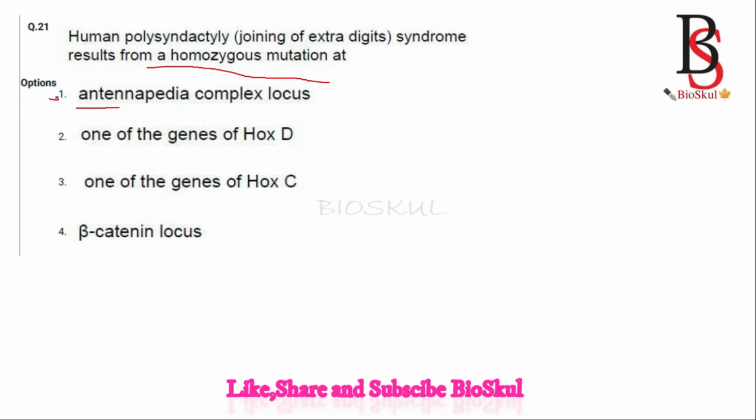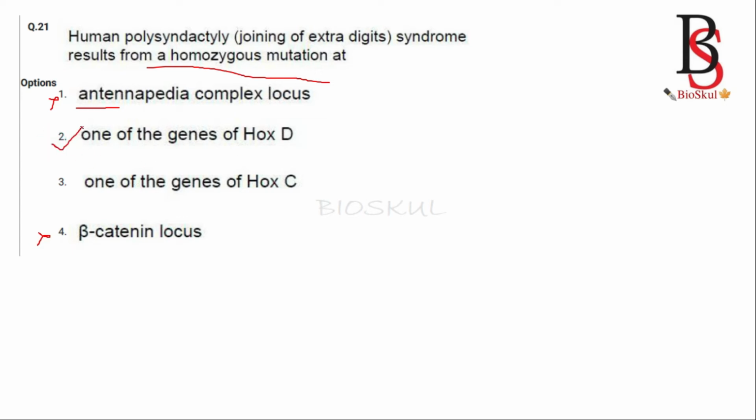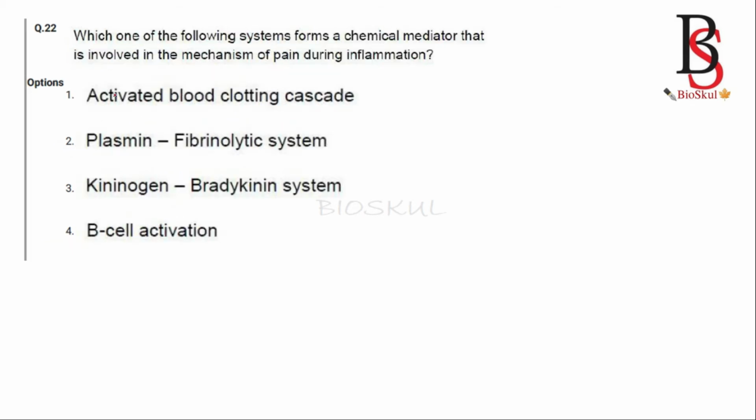Antennapedia is related to Drosophila. It is not the beta catenin locus, so it may be HOX-D or HOX-C. So for this question, human polydactyly syndrome results from the mutation of the gene HOX-D. I have a video on this. You will get the link in my description box, or you can go through my YouTube channel BIOSKUL.